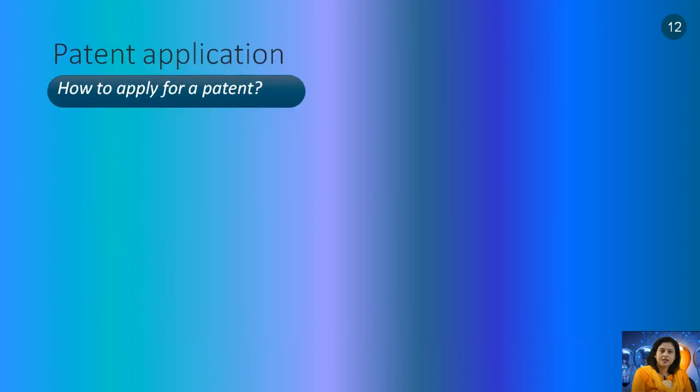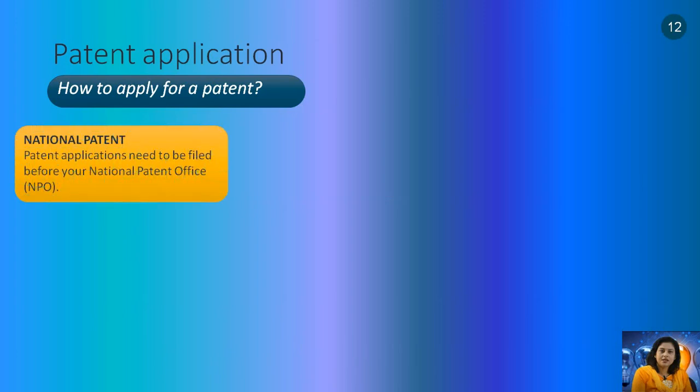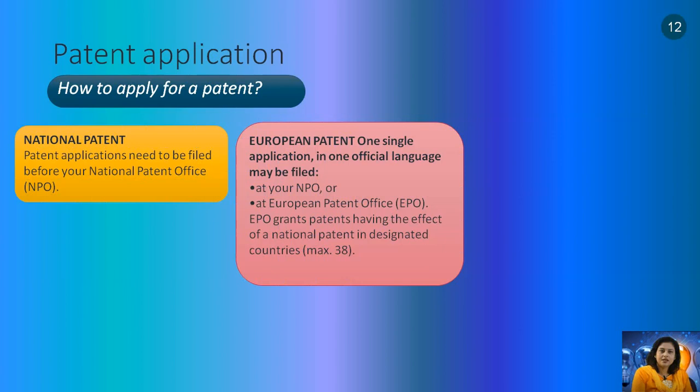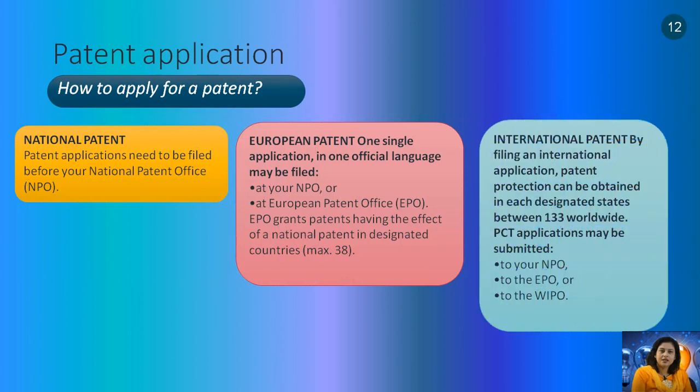How to apply for a patent? Here we are going to look into the patent application types. You can have a national patent, you can have European patent, you can also have international patent. For a national patent, you have to apply your patent to the National Patent Office. You have to fill up the application form of national patent and then submit it to NPO.